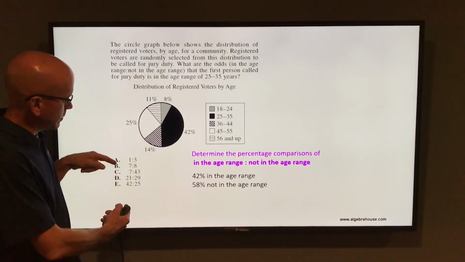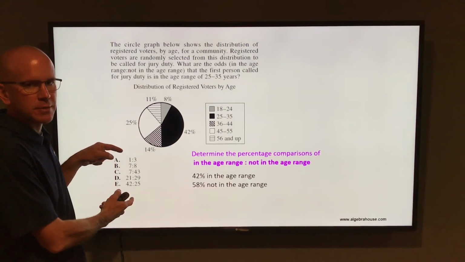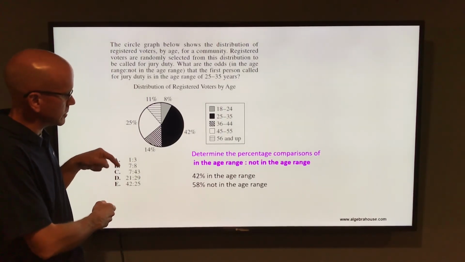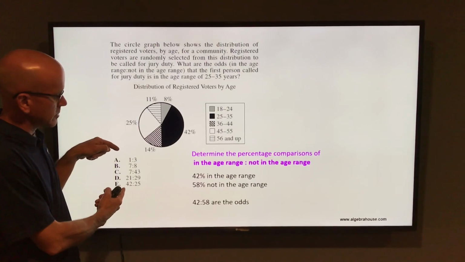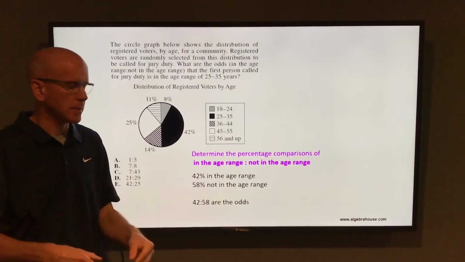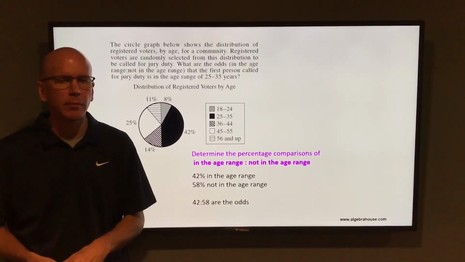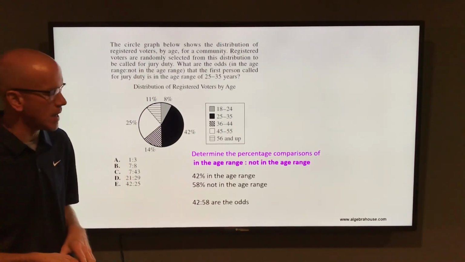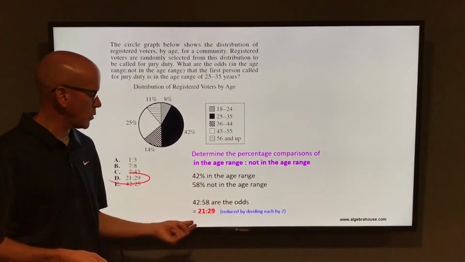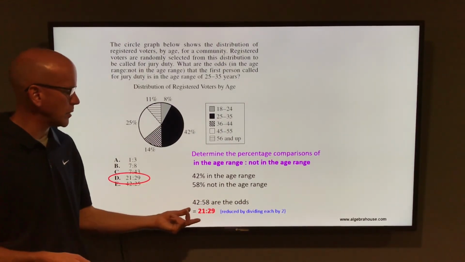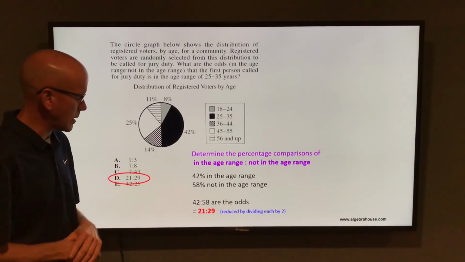So you're looking at 42 to 58, and you look at the answer choices, that's not one of the answer choices. Think about reducing. If you wrote that in the form of a fraction, 42 over 58, would that reduce? Yes, it would. 21 over 29, or 21 to 29 in this case, which happens to be letter D.